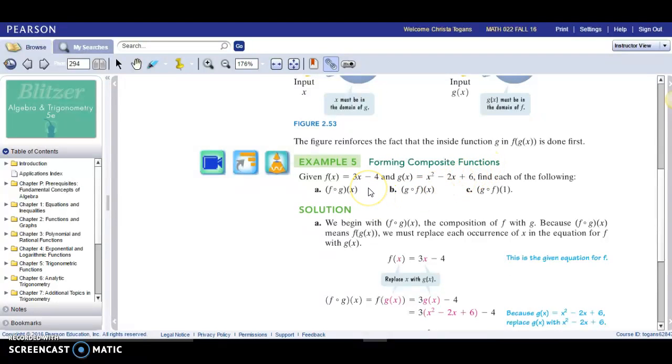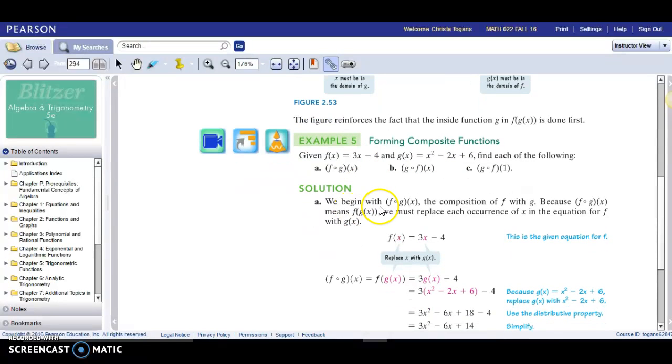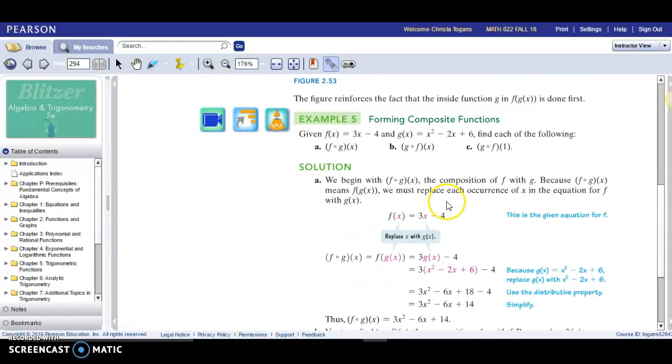So we are going to take the g function and plug it into the x variable. So we begin with f circle g of x and the composition of f with g. We replace every occurrence that we see in f where x is and substitute in g of x.